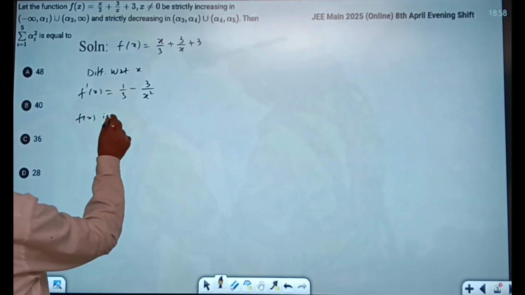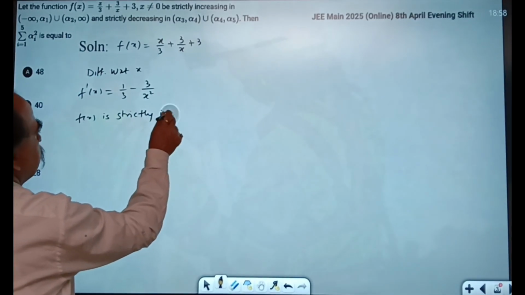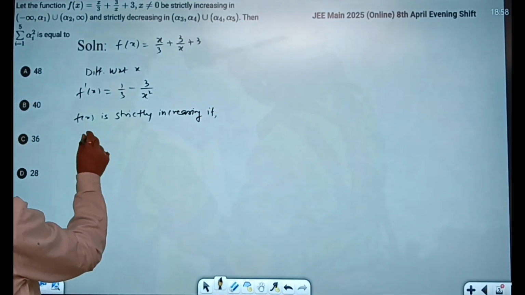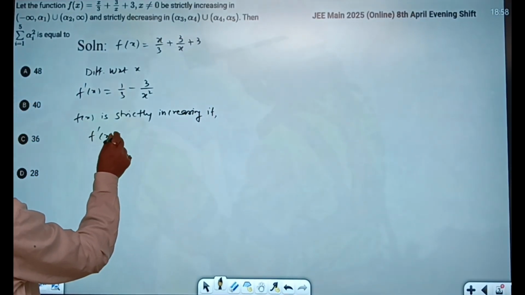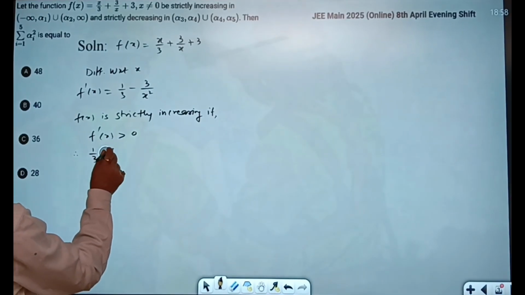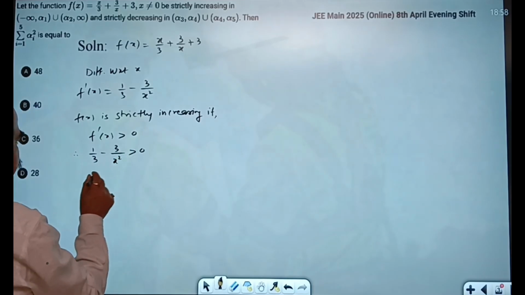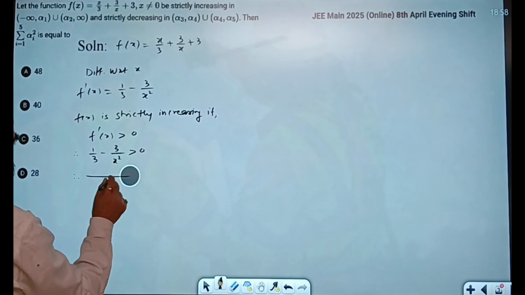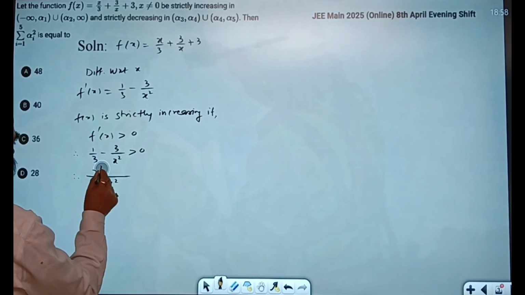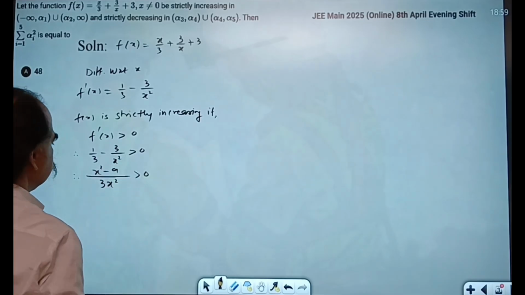For f(x) to be strictly increasing, f dash x is greater than 0. So 1 upon 3 minus 3 upon x square greater than 0. 3x square LCM, so x square minus 9 greater than 0.